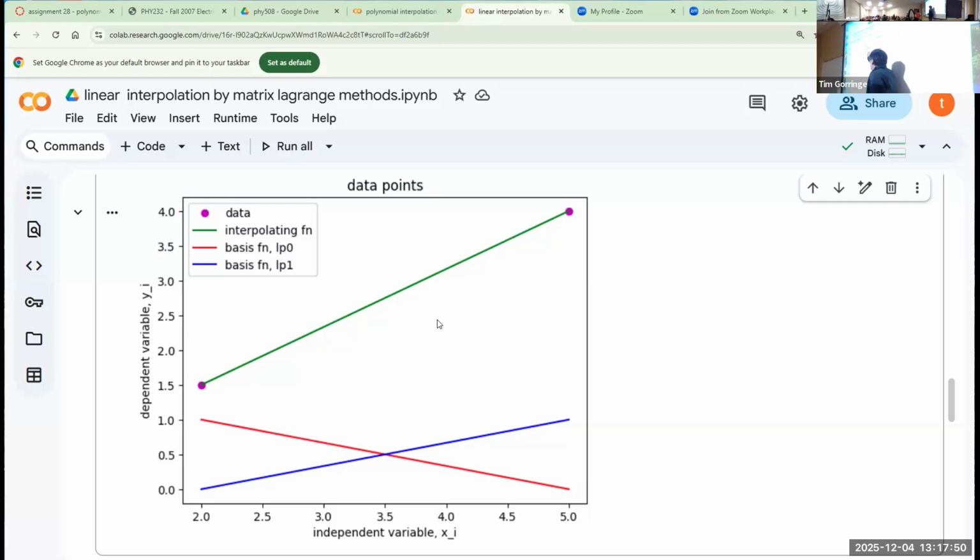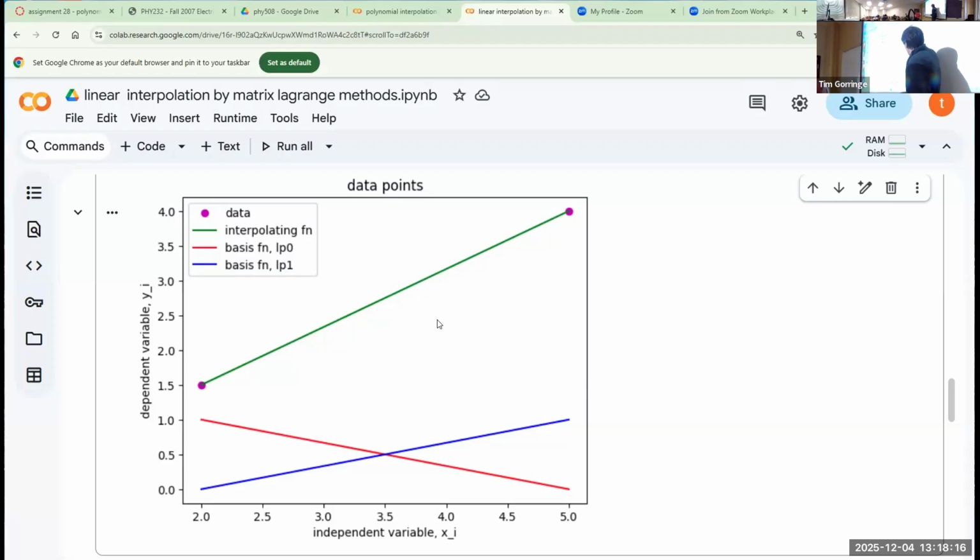LB0, the first basis polynomial, is 1 at the location of the first data point, and it's 0 at the location of the second data point. So it has that feature. The second basis polynomial is 0 at the first data point. It's 1 at the second data point.